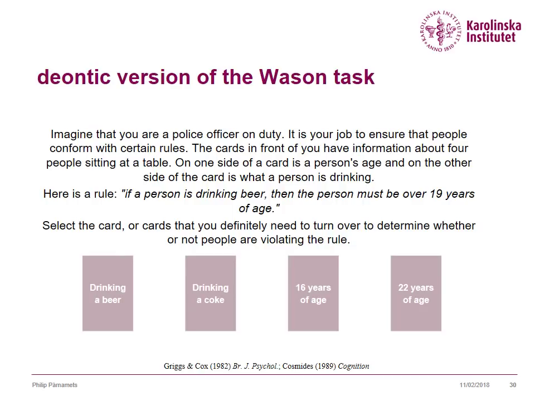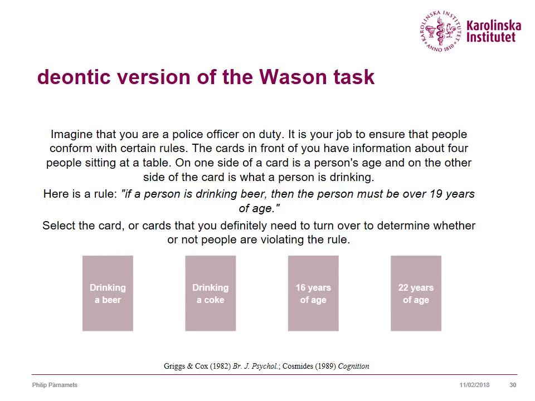So there have been many extensions of the Wason task, and one of the most famous versions is the deontic version, which you also tried out at the lab. And here, if you recall, as a participant, you're asked to imagine that you're a police officer on duty, and you're trying to check that people are conforming to certain rules, and in particular rules about drinking ages.